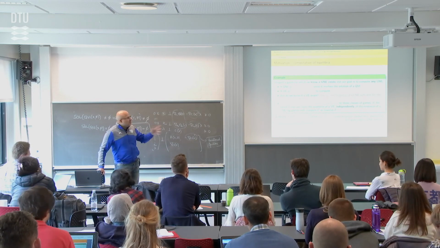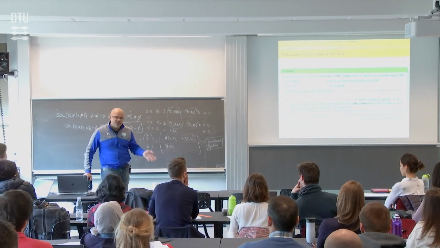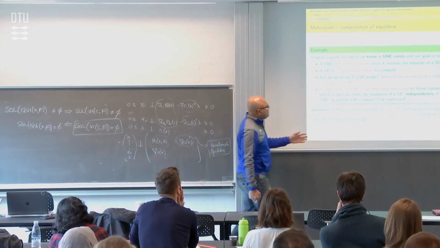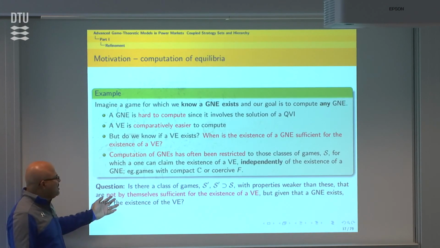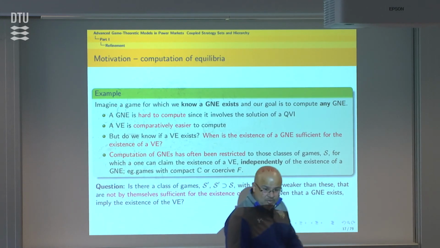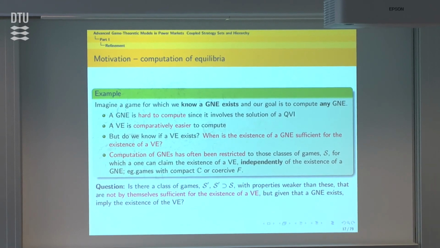Okay? In the past, people would just use the VE, regardless of whether they knew anything about the original problem. So is there a class of games, S prime, with properties weaker than these that are not by themselves sufficient for the existence of a VE? For instance, if I gave you a problem for which we had existence of the VE because of compactness, then I can directly claim something about the existence of a GNE, right?